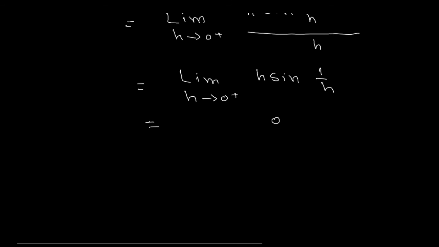So this means that both values are the same, 0. So the right derivative f prime of 0 plus at 0 is equal to the left derivative f prime of 0 minus at 0.